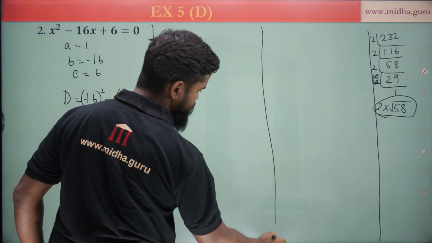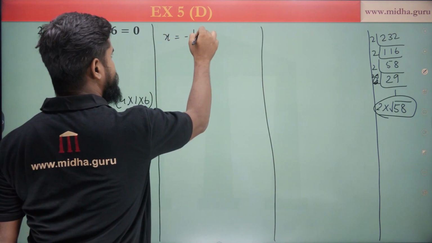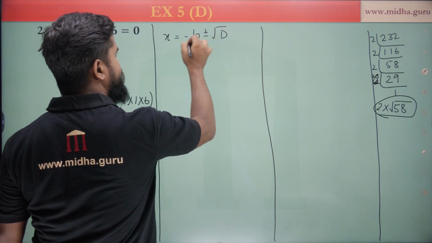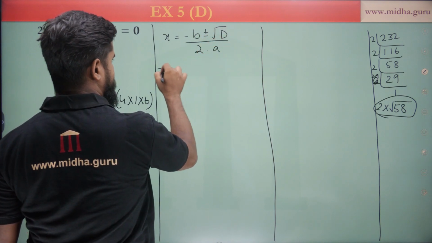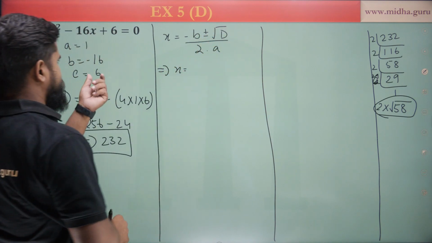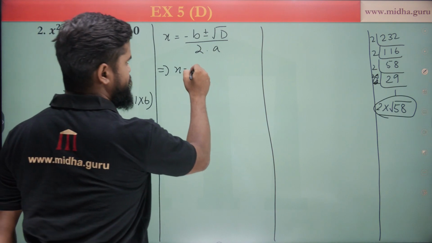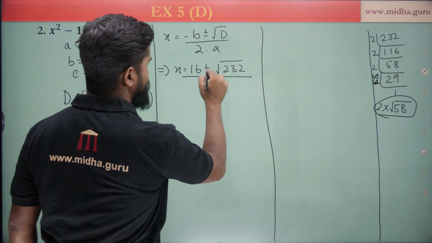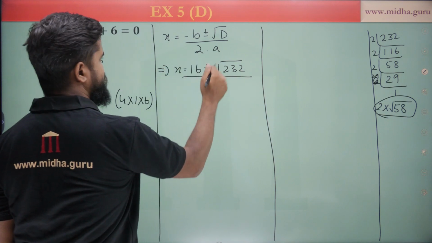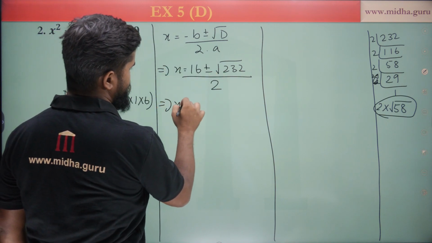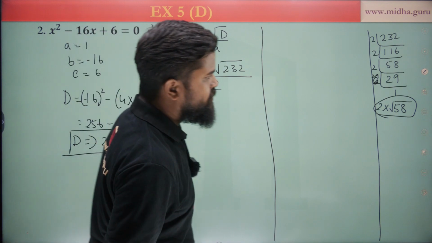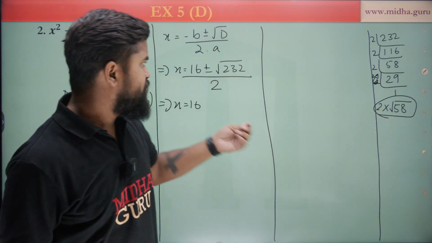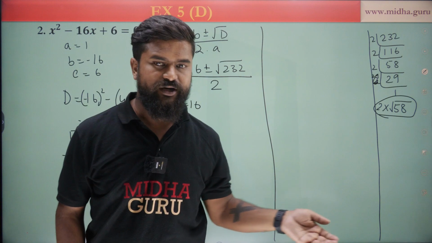Now x is equal to minus b plus or minus the root of the discriminant by twice of a. So x is equal to minus of b, since b is minus 16, it becomes 16 plus or minus the root of 232 divided by 2 into a, which is 1, so 2. Since you remember it is 2 root 58, let's just calculate the value of root 232 beforehand.